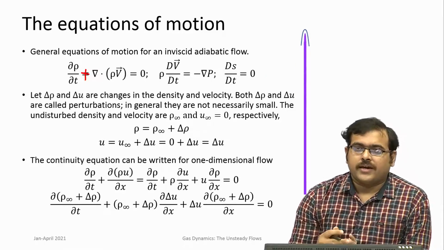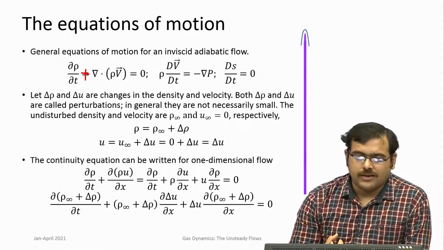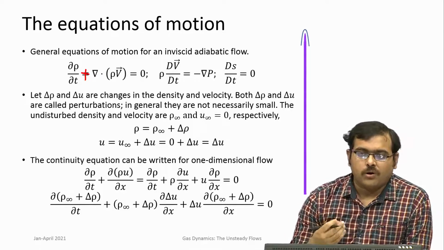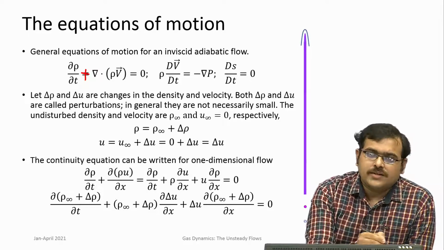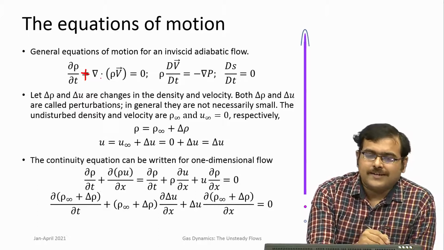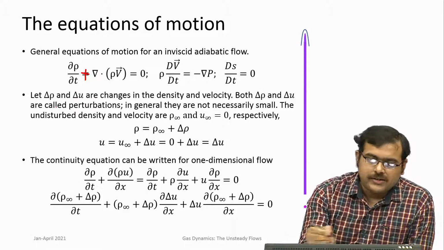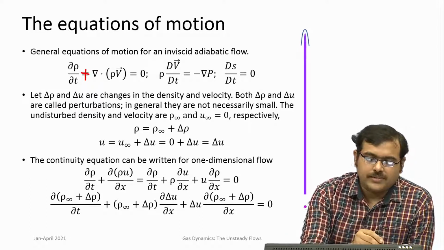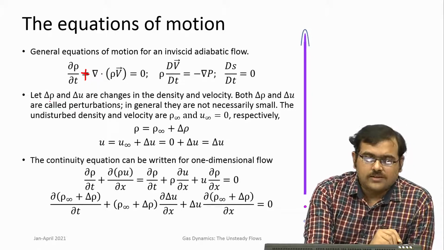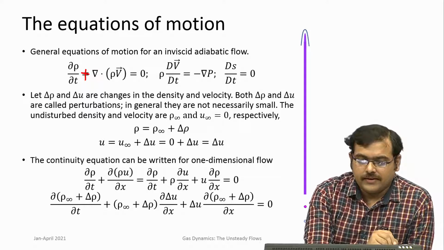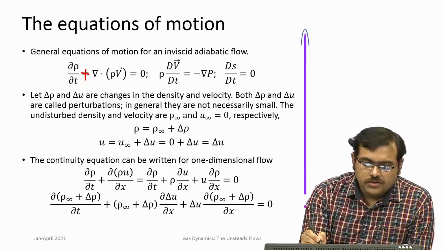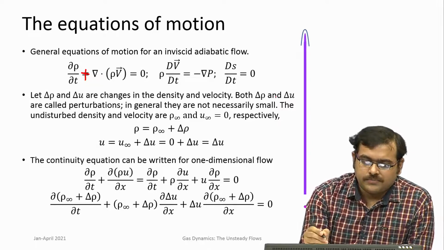Consider a quiescent medium where initially there is no velocity, and some small disturbance, small changes in density or velocity or pressure, is introduced. So, Δρ and Δu, very small changes in density and velocity, are introduced. They are small perturbations.